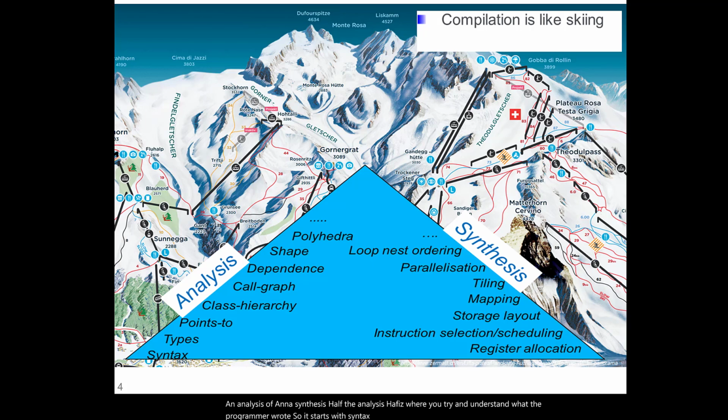So it starts with syntax analysis, but it goes all the way through to dependence analysis. Along the way, we do the pointer analysis that I mentioned. We might try and understand the call graph, the call hierarchy, the class structure, and all of that. And there's an immense body of virtuous, exciting, mathematically sophisticated engineering and science involved in doing all this.